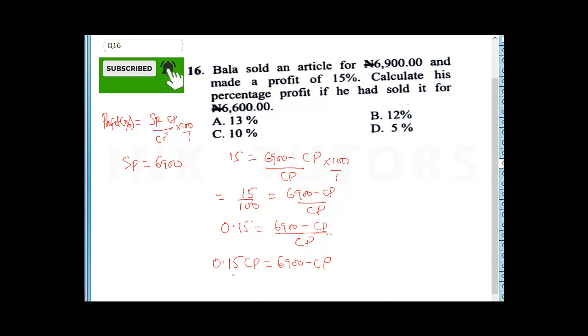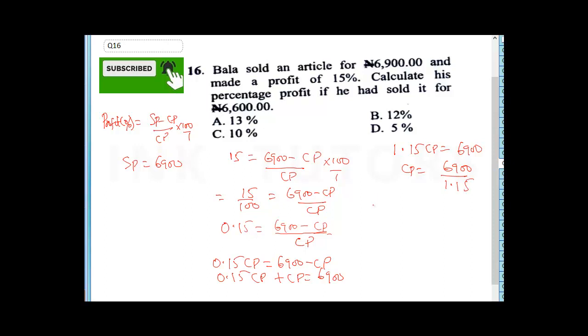So this is going to be 0.15 CP plus CP is equal to 69. That's 0.15 CP plus CP, which gives us 1.15 CP is equal to 69. Therefore the cost price is going to give us 6,900 divided by 1.15.